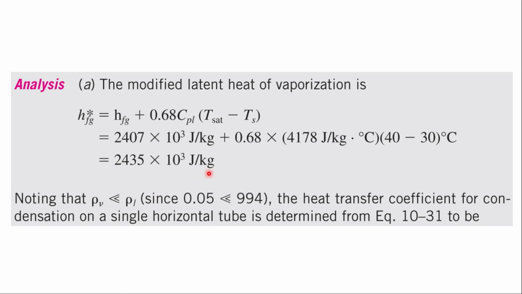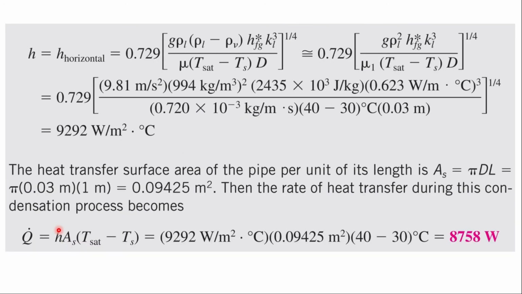We have most of the time said that the density of the vapors is far less than the density of the liquid. Here the density of the vapor is 0.05 and the density of the liquid is 994, so there is a huge difference. The heat transfer coefficient for condensation on a single horizontal tube can be determined by this expression 10-31, which is given over here, and I have also mentioned it in the lecture slides.